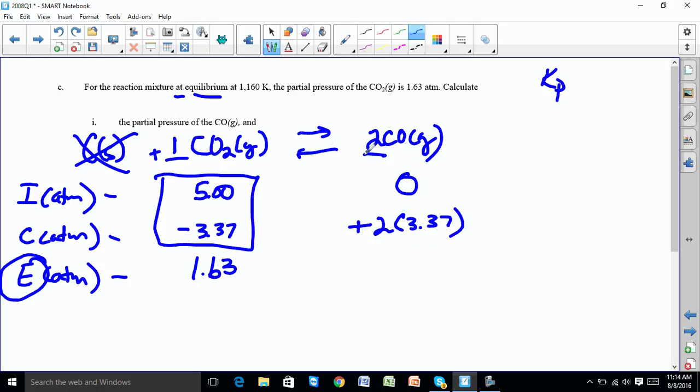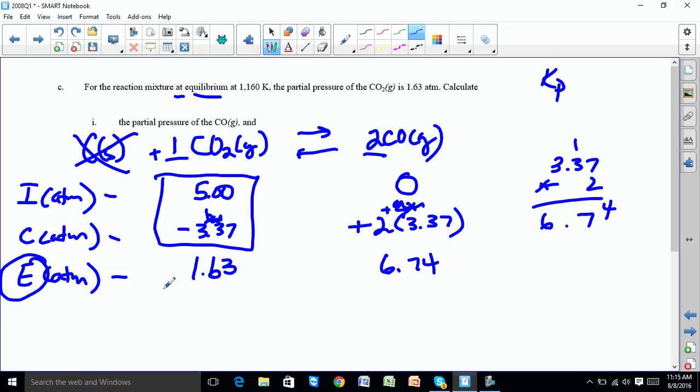Because of the 1 to 2 mole ratio, this side goes down, this side goes up. You're used to writing x and 2x, but the thing that's interesting is we know what x is. X is 3.37. And when you do 2 times 3.37, you get 6.74 atmospheres.